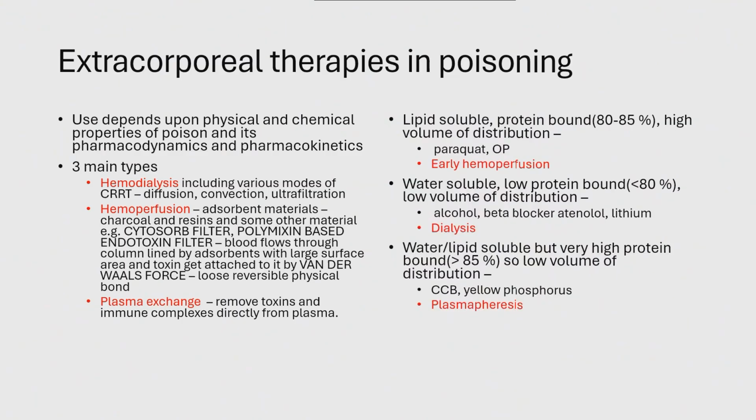If the toxin is lipid soluble and moderately protein bound, 80 to 85%, so it has a high volume of distribution, like paraquat and OP poisoning. In this, early hemoperfusion is the answer. If it is water soluble and low protein bound, less than 80%, so it has a low volume of distribution, like alcohol, beta blockers, atenolol and lithium, they can be removed with the help of dialysis.